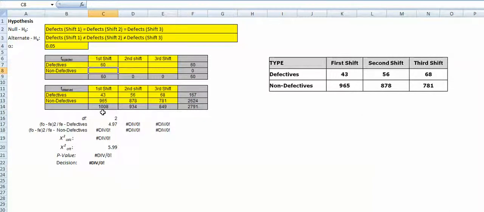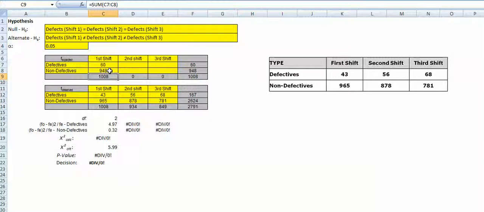So we've got 60 that we would have expected. And then similarly for the non-defectives, we've got 2,624 divided by 2791. So we key that in as well. So 2,624 divided by 2791, and then of course we multiply that by 1,008 as well. So on the first shift, given the ratios that were observed, we would have expected to see 60 defectives and 948 non-defectives.